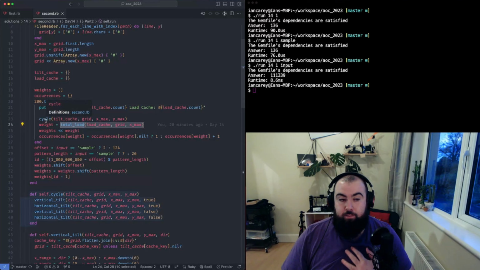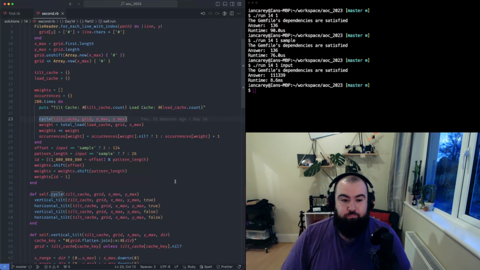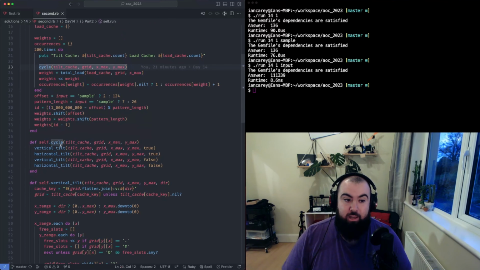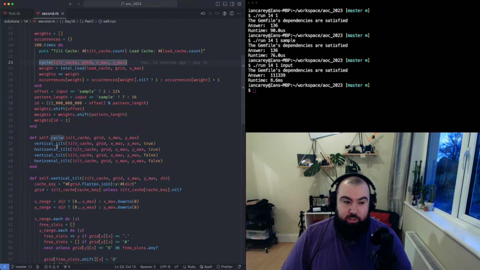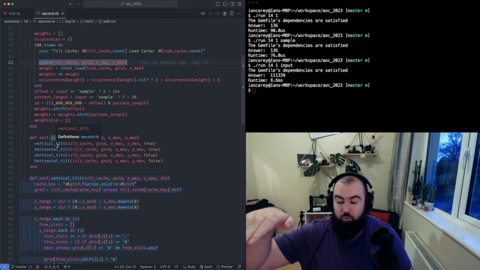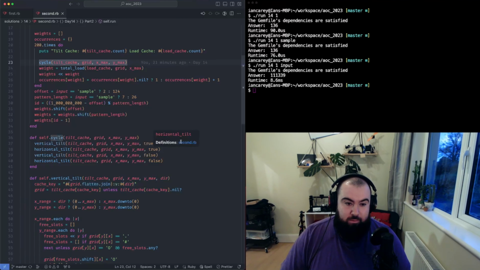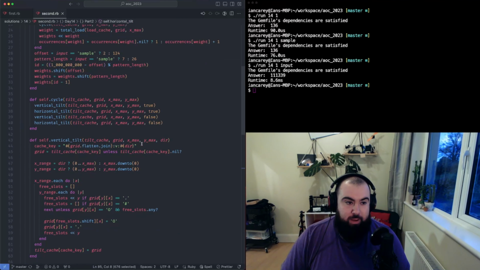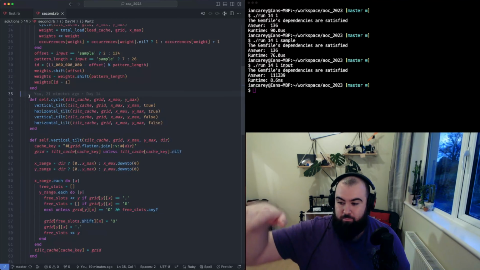So let's have a look at our cycles. Our cycle is another subarray thing, it's just a set of operations you have to do. So we know a cycle is forwards, left, backwards, right. In my code, I've got two methods: vertical tilting, which is the back and forth, and horizontal tilting, which is left and right.